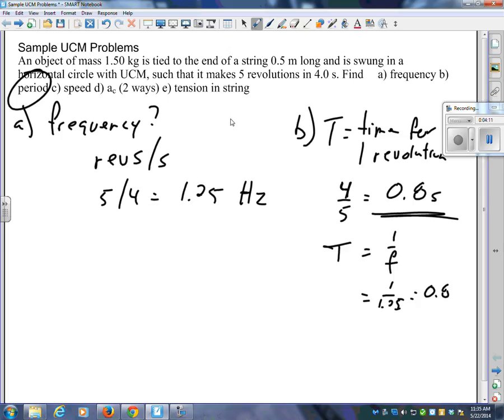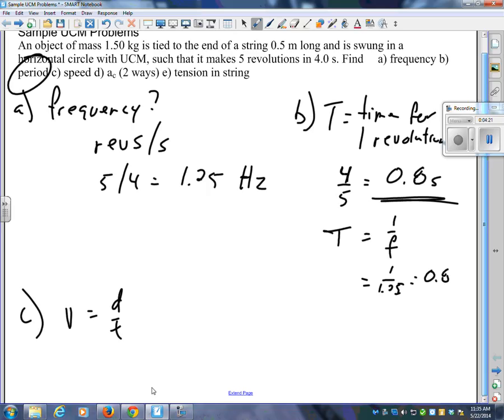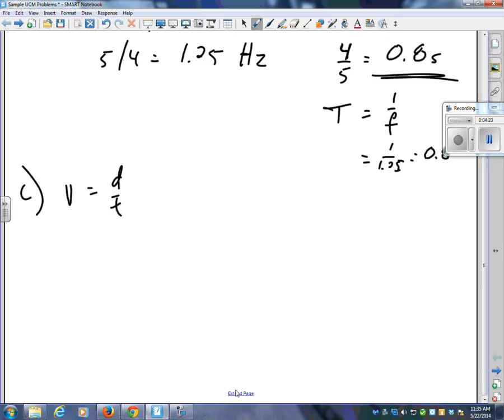Now what about speed? How do we find speed? Let's look at our old friend v equals d over t. What is the distance traveled when you're traveling in a circle?